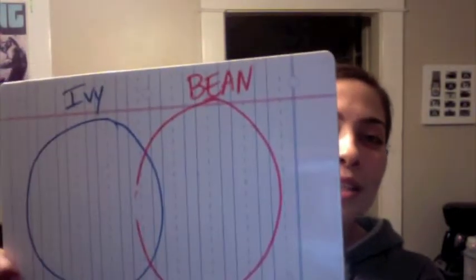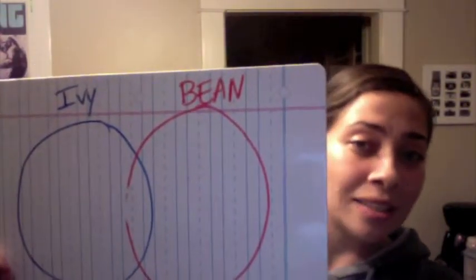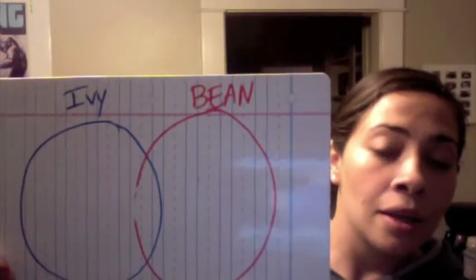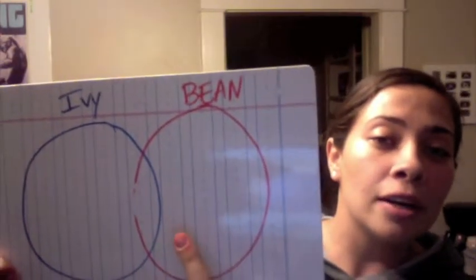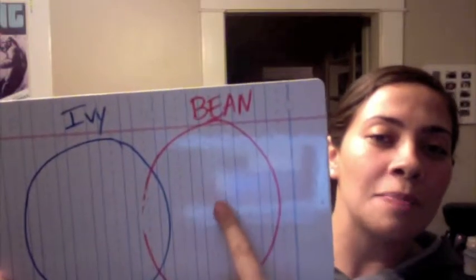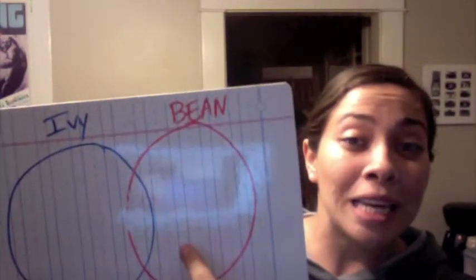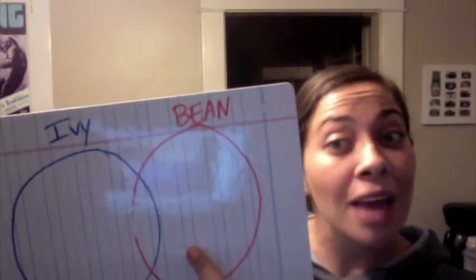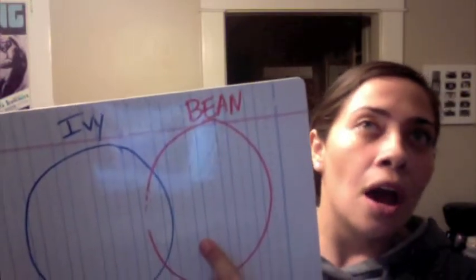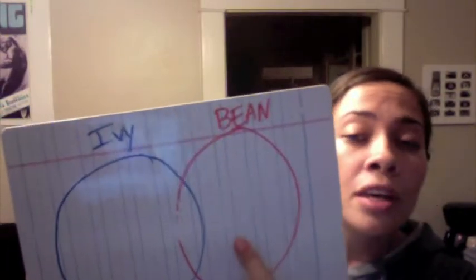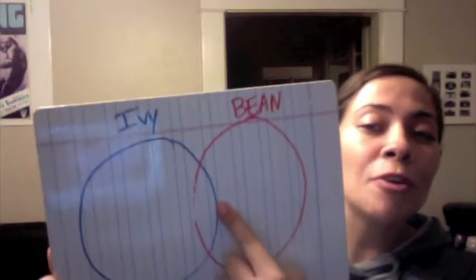Now, if you notice, there's a lot of space for Ivy. There's a lot of space for Bean. Now, over here on Bean's side, we will write everything about Bean, her character, what she looks like, what she acts like, her family members, how many does she have, anything about her that we remember from the book.